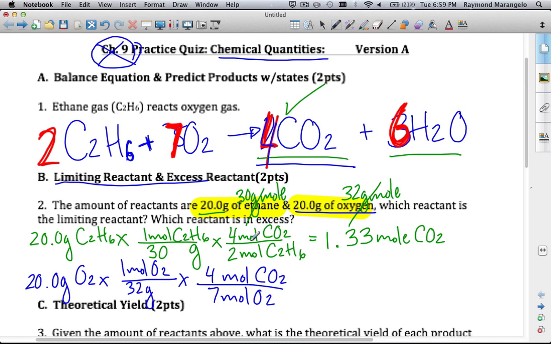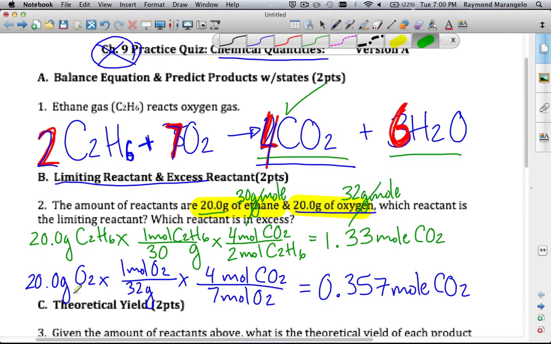Alright, 4 moles of CO2 for every 2 moles of C2H6. 4 moles of CO2 for every 7 moles of oxygen. When I do that math, 20 divided by 32 times 4 divided by 7, I get 0.357 moles of CO2.